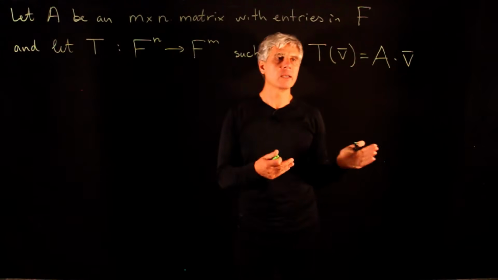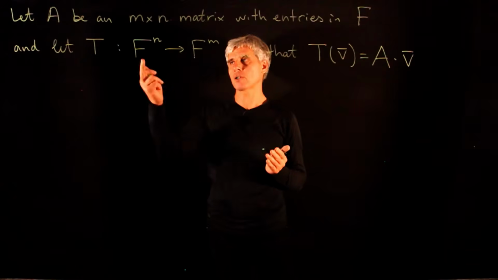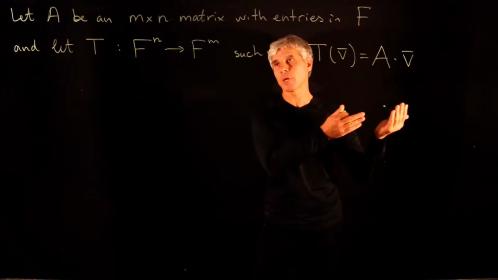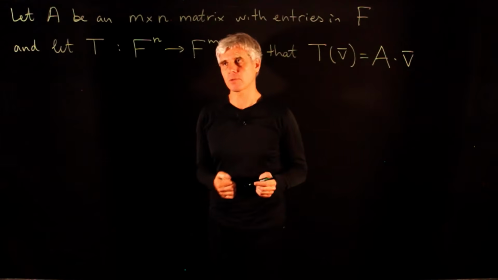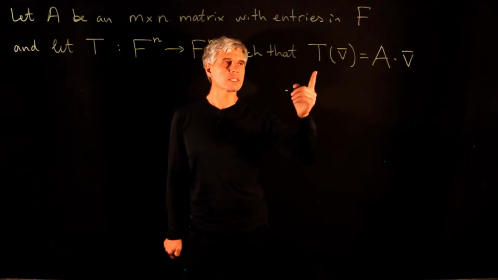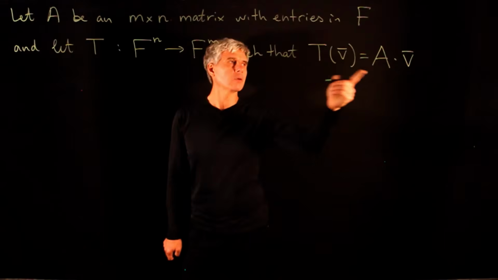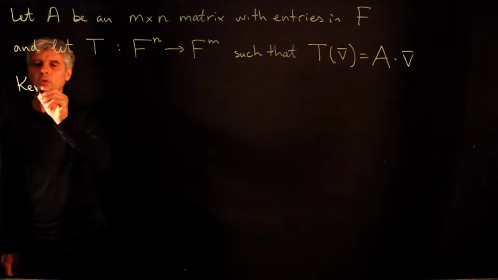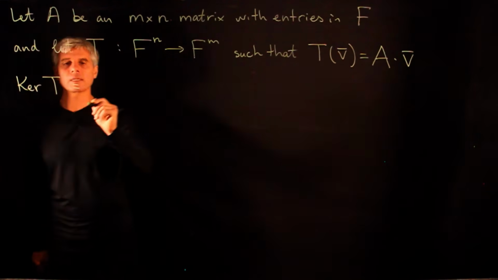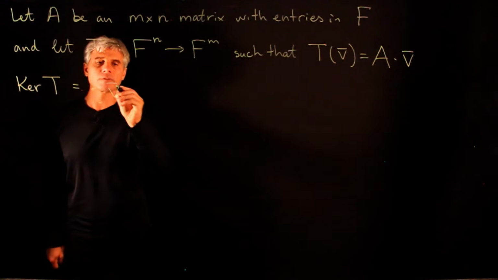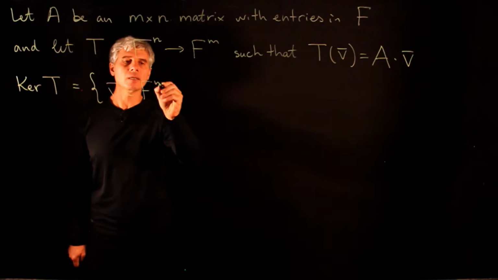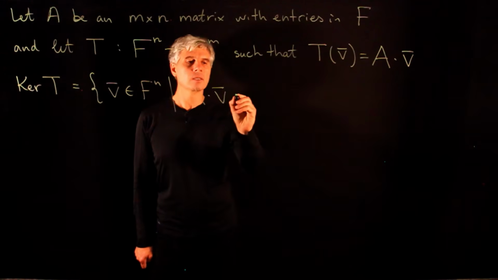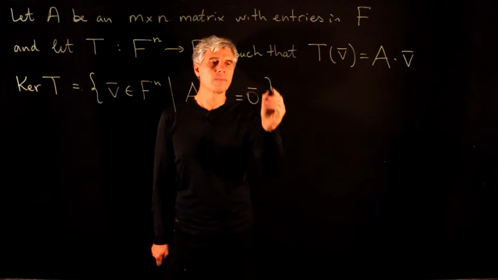So here we see that if we are given a linear transformation from Fn to Fm, we can find its matrix. And if we have a matrix, then it defines a linear transformation. Let us see what the kernel and the image of T are in terms of the matrix A. By definition, the kernel of T is the set of vectors V in Fn such that A times V is equal to a zero vector.